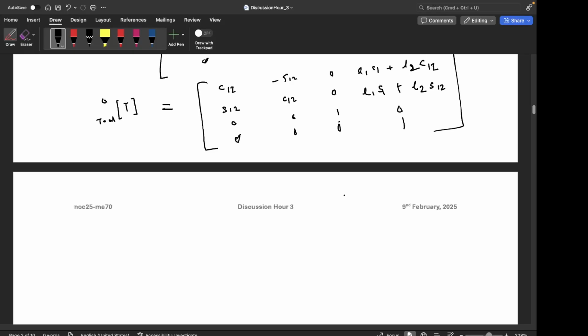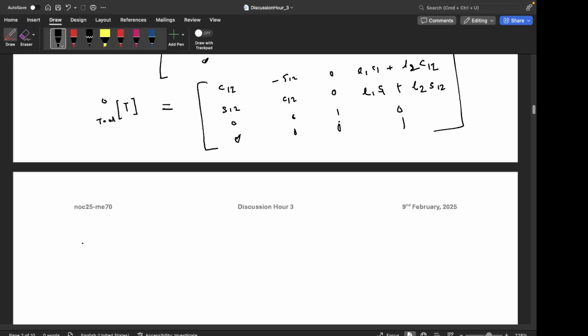Now what we wanted to basically find out is what is the position of the end effector in terms of the joint variables, right? Position and orientation, right?